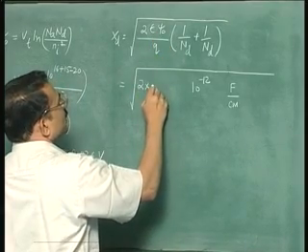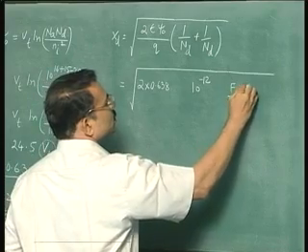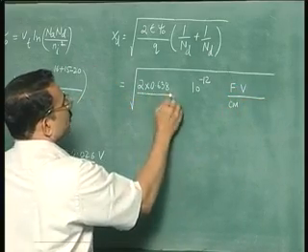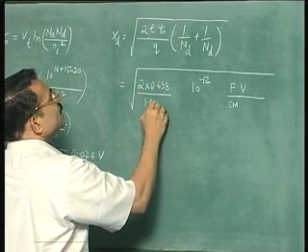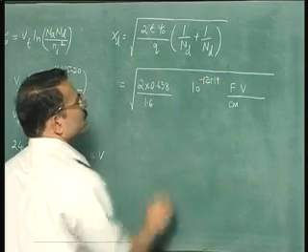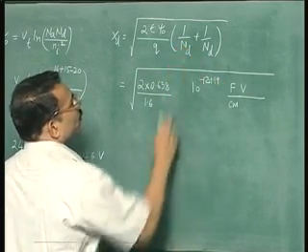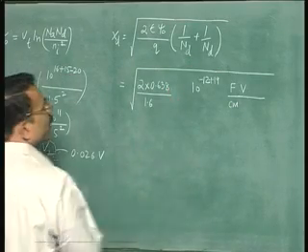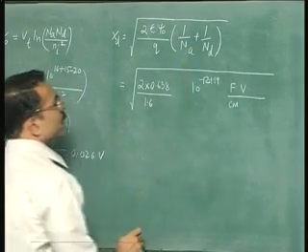Now psi naught is 0.638 volts. Then comes the Q, 1.6 into 10 power minus 19 in the denominator. This will go up and it will become plus 10 power 19. Then 1 by Na plus 1 by Nd.